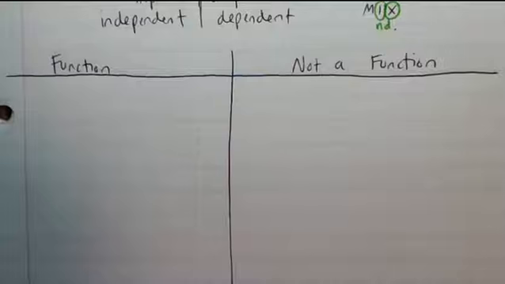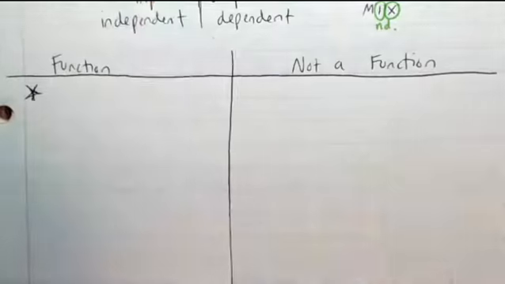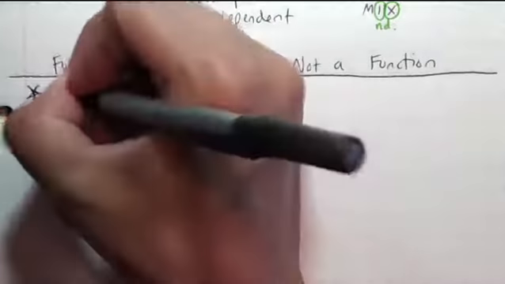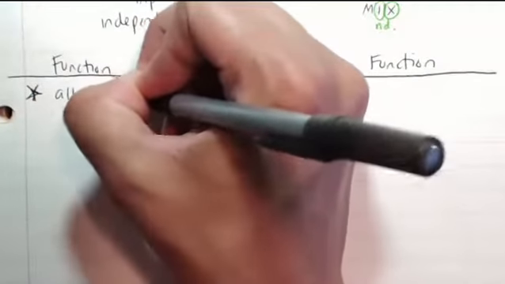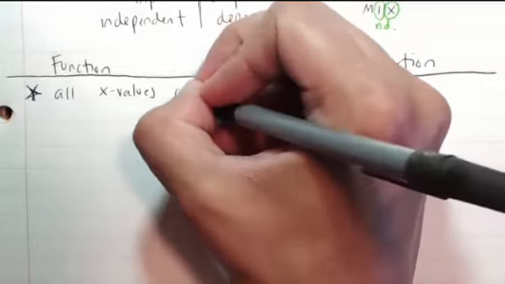And this is one of the easiest TEKS that you will have to know in algebra. And this was sort of introduced to you in 8th grade curriculum last year, so your 7th grade pre-AP class. But I want you to put a big star here, and we're going to highlight this. A function means that all the x values are different.